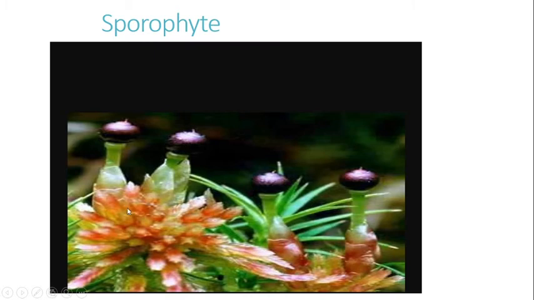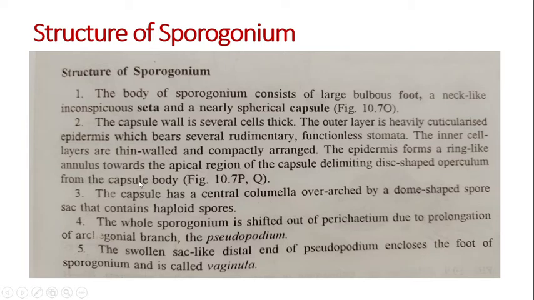This is the archegonial branch with the perichaetial leaves, and inside it the archegonium was present; after fertilization it forms the sporophyte. You can see that this is the capsule and this is the pseudopodium.